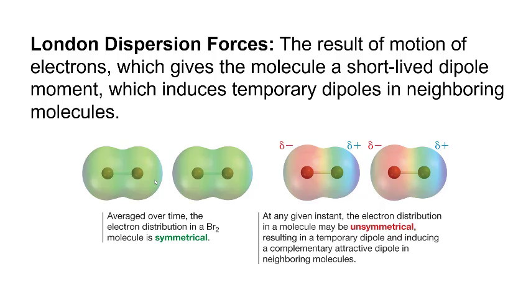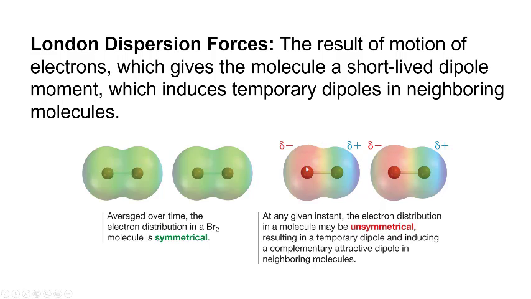But those electrons can go wherever they want to. So for an instantaneous moment, there could be a case where both of the bonding electrons are located closely to one of the atoms, which would give that atom a temporary partial negative charge, which would in turn leave the other atom with a temporary partial positive charge.